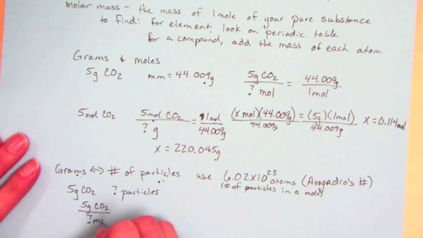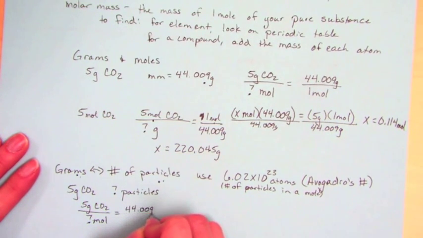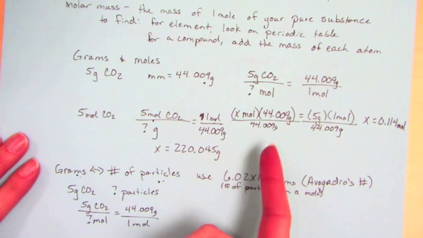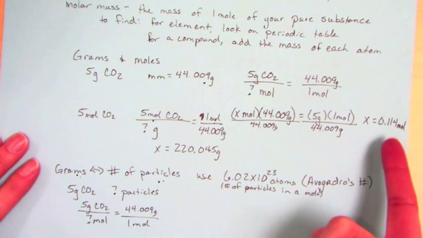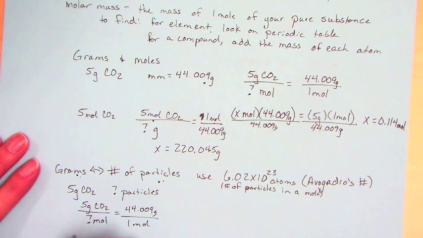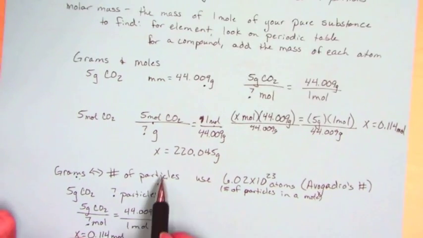First we have to do the 5 grams of CO2 over our moles and convert to moles. After we get this answer, which we know from above is the 0.114, we need to do the second step of converting the moles to the number of particles.